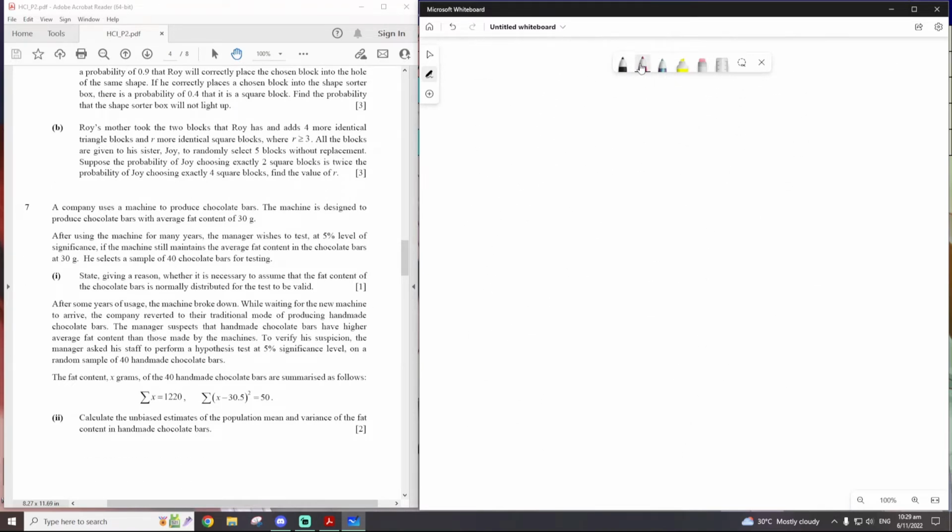Okay, question 7 seems like hypothesis testing. So a company has a machine that makes chocolate bars with an average fat content of 30 grams. The machine is checked to see whether the mean is still 30 grams or not. So select a sample of 40 chocolate bars. Is it necessary to assume that the fat content of chocolate bars is normally distributed?